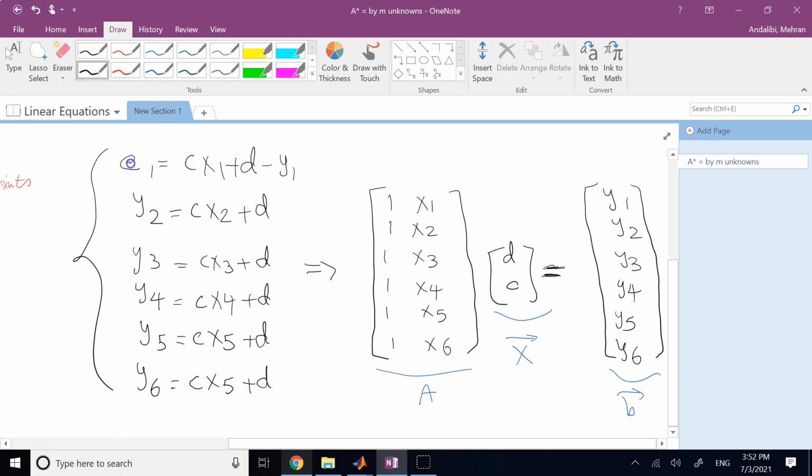Since you can never get the point to be on the line, except in exceptional cases, you bring this constant y1 to the right side and say, ideally it should be 0, but since I cannot make it exactly on the line, this is equal to what we call a residual term, an error term, and I call it E1. Then do a similar thing here, bring this one here, call it E2, and then repeat that for all other equations.